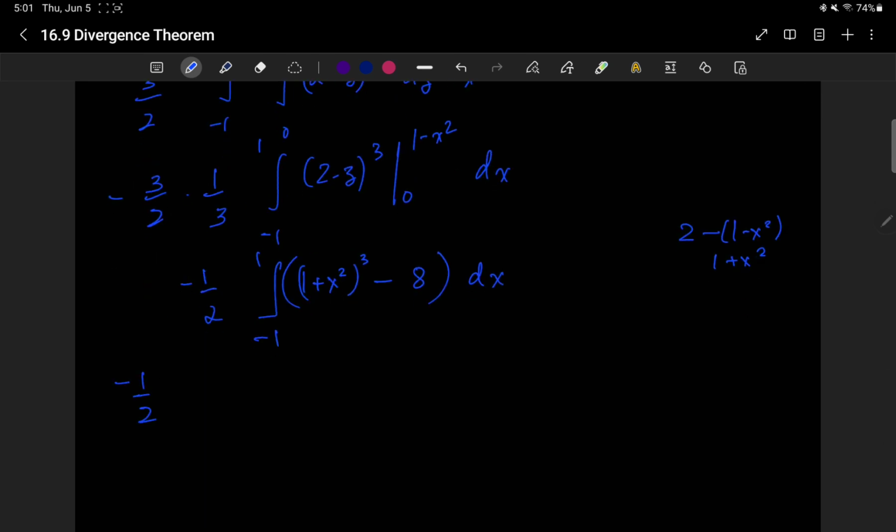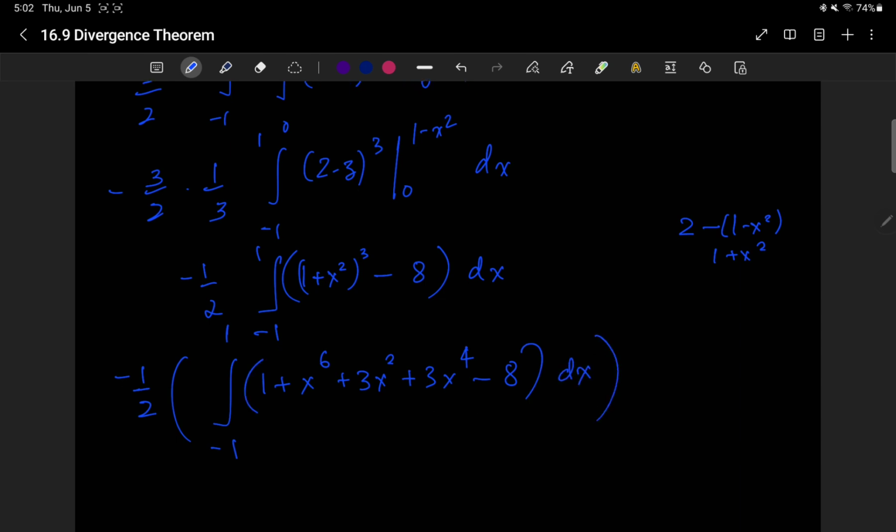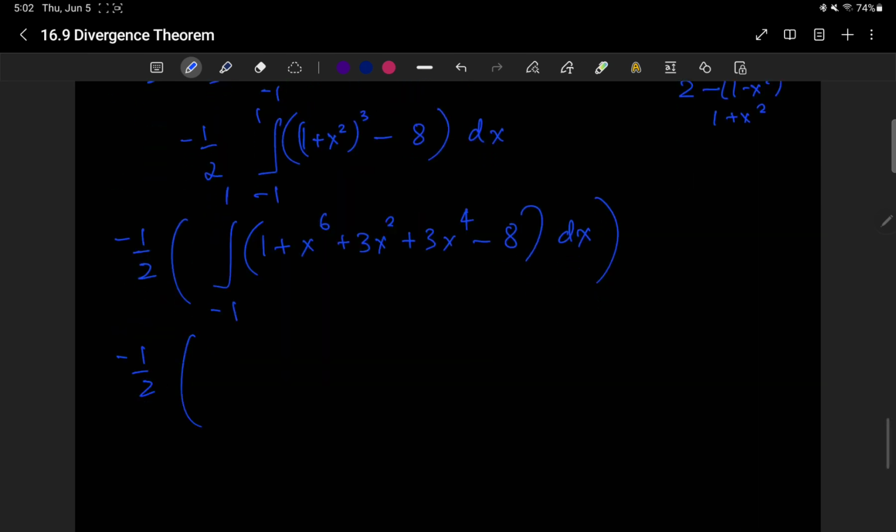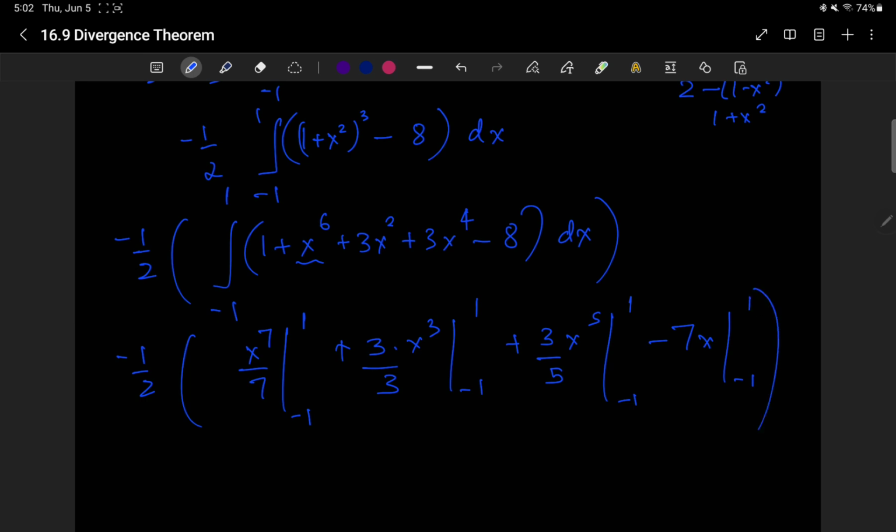That's going to be a polynomial here, so you get 1 plus x to the 6 plus 3x squared plus 3x to the 4 minus 8 dx. And these are all just polynomials, so x to the 6 gives you an x to the 7 over 7, negative 1 to 1. You get a 3x cubed over 3, negative 1 to 1. 3x to the 5 over 5, negative 1 to 1, and a negative 7x, negative 1 to 1.